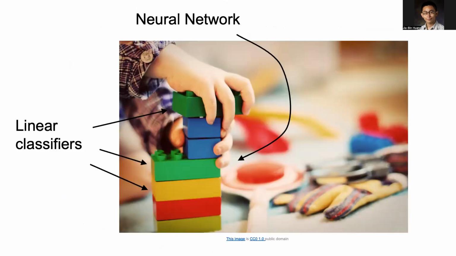All right, so if you think about deep learning, it essentially looks like this. I'm sure that you played with Lego before. It's essentially a stack of linear transformations with some nonlinearity in between. So a neural network is essentially a stack of linear transformations that turns into a nonlinear function.